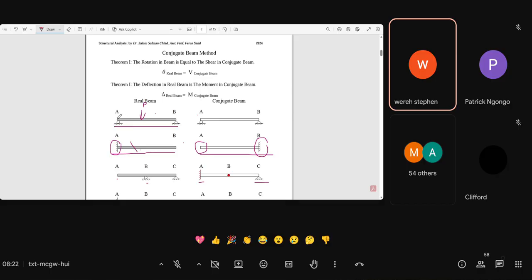So the first thing we need is to draw the bending moment diagram for this. Let me say that the bending moment diagram will look like this. It's supposed to be a straight triangle, yes. That is the bending moment diagram. Okay. Now this is the bending moment diagram.